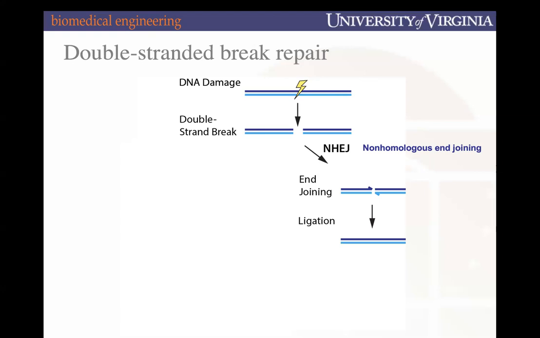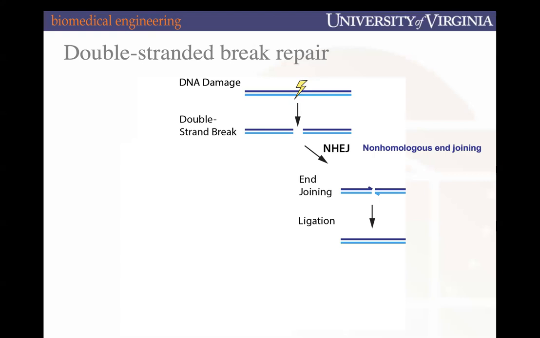And what ends up happening is that these end-recognizing proteins will bind and help sample the overhangs without using a real template, to just try and provide a few nucleotides to fill the gaps and rebind these broken ends using ligase.